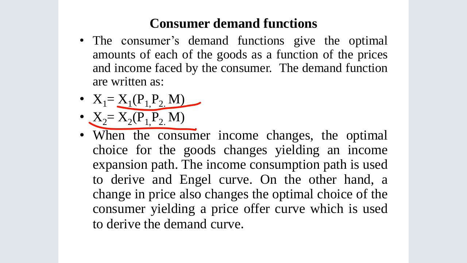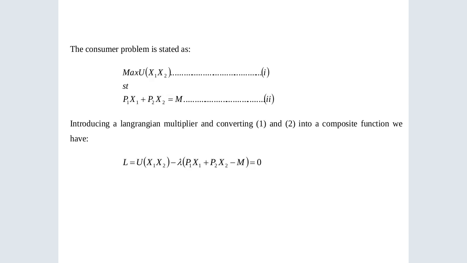If you can remember how we used to express the utility functions. Now the consumer problem can be represented as follows. We have always said that the consumer always seeks to maximize utility subject to the consumer income.